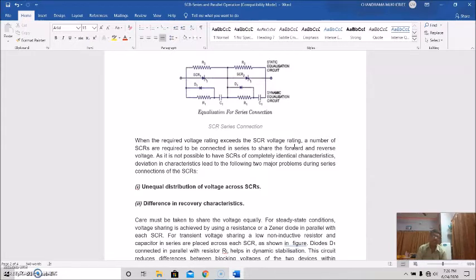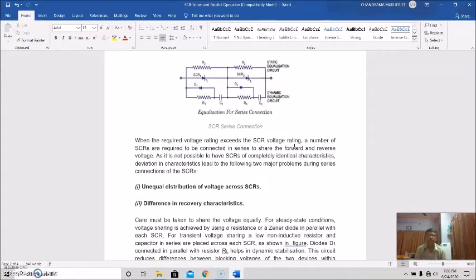Sometimes a single SCR is not able to meet the voltage rating. If the application area exceeds the single device voltage rating, then we have to connect SCRs in series to meet the required voltage rating.